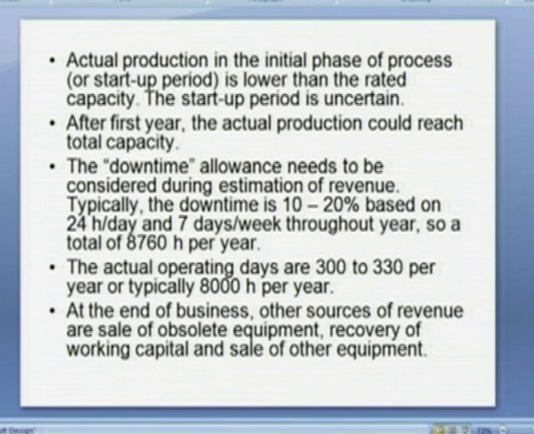Now, with this background, let us go a step further and get an idea of the total production cost. The total production cost is the sum of all costs for operating a plant, that is, selling of the product, recovering the capital investment, and corporate functions such as management and R&D.